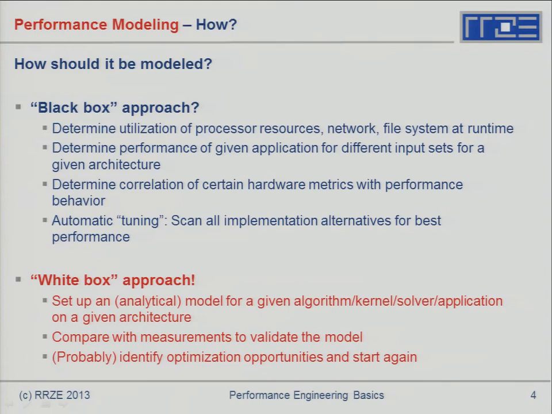For example, if our model predicts that for every flop that we do, we have 24 bytes of data transfer across the memory interface, that's something we use in the model. We use hardware performance counters to validate this. We measure this value, and if it coincides with the model, we're fine. Yeah, we are satisfied. If it does not coincide, we learn something more. And then, if we have a valid model, we identify optimization opportunities and start all over again.